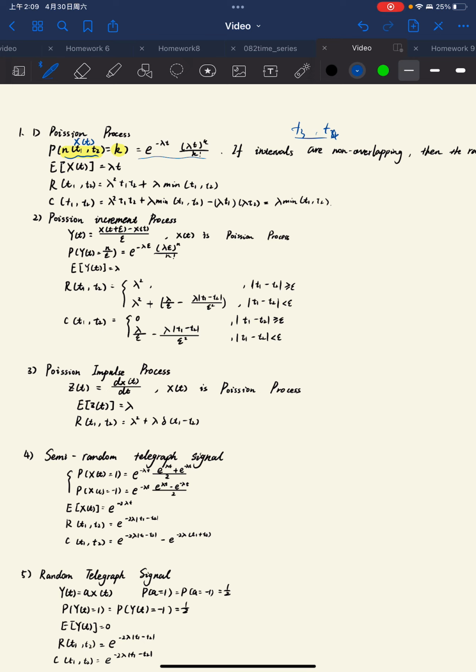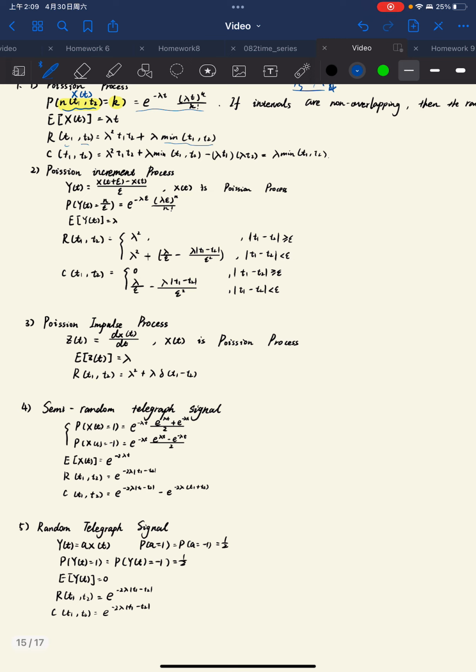Its mean, the expected value of X(t), is lambda t. Its autocorrelation from T1 to T2 is equal to lambda square times T1 times T2 plus lambda times the minimum of T1 and T2.